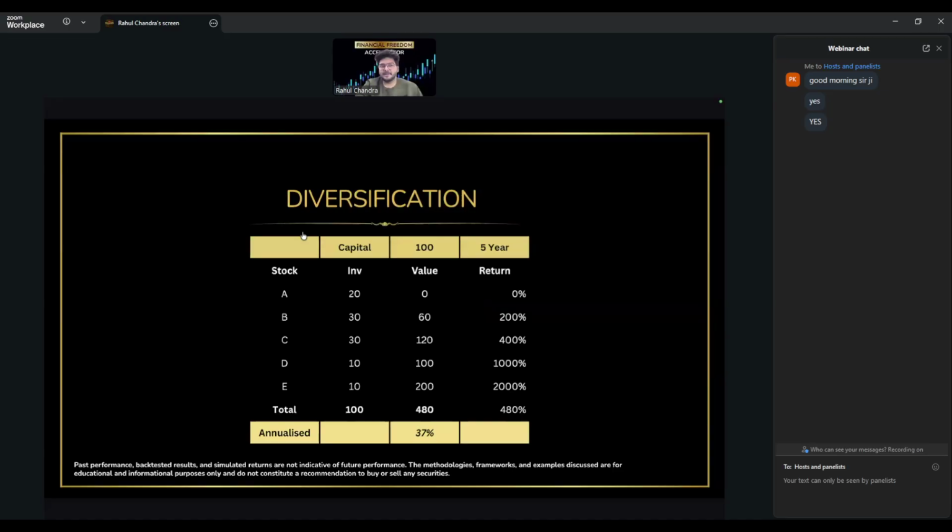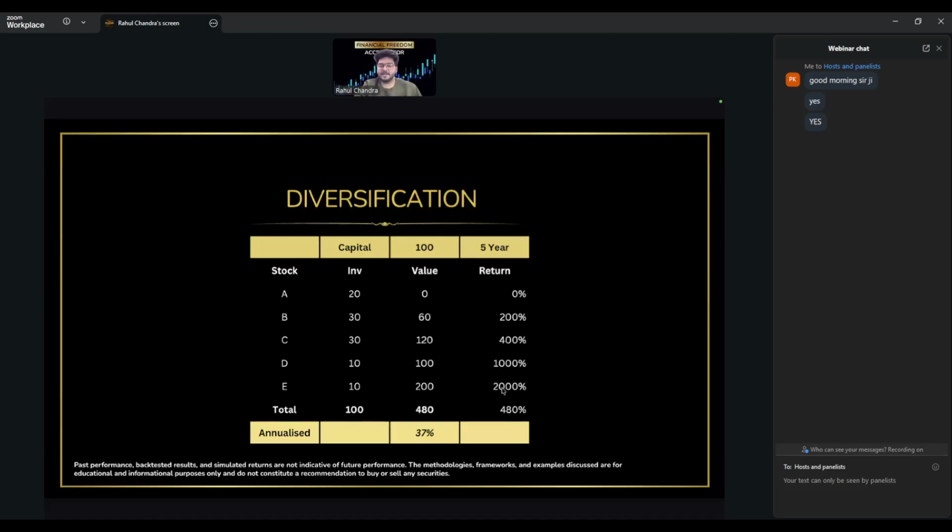That is the process. For example, take a look at this. If you invest a total of 100 rupees in a small cap portfolio across five stocks, it can so happen that 20 rupees of the 100 goes to zero. 30 rupees becomes just double in 5 years, which is not too great. 30 rupees becomes 4x in 5 years. 10 rupees becomes 100x in 5 years.